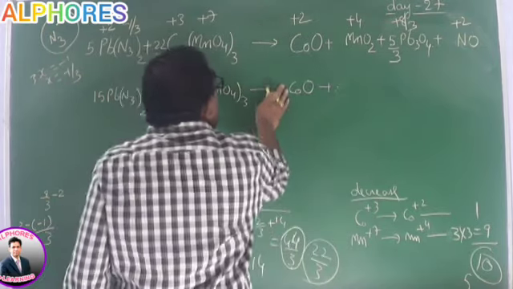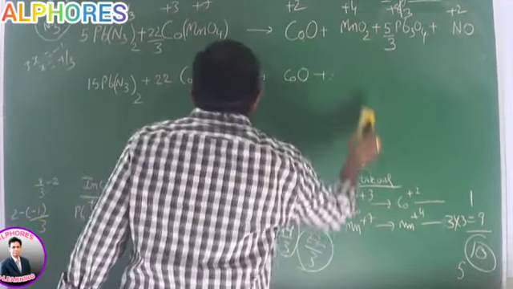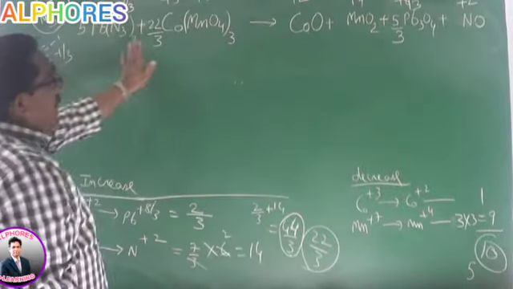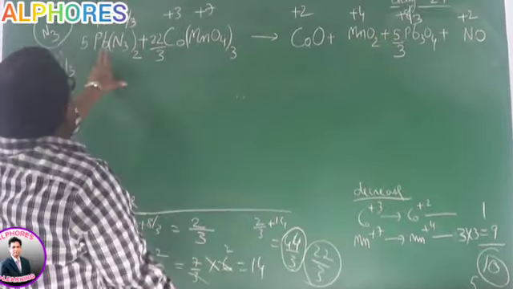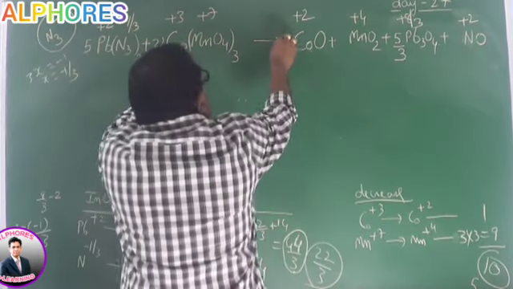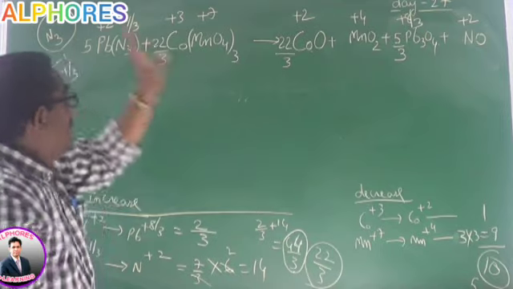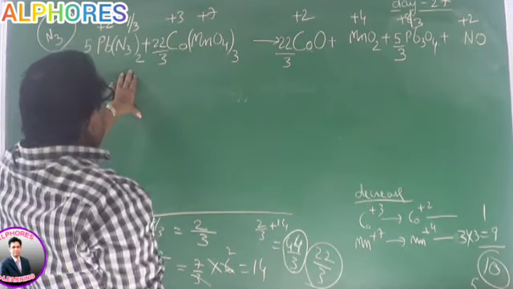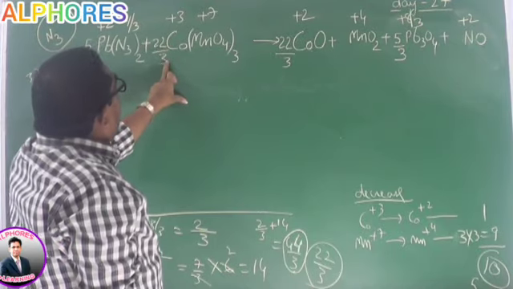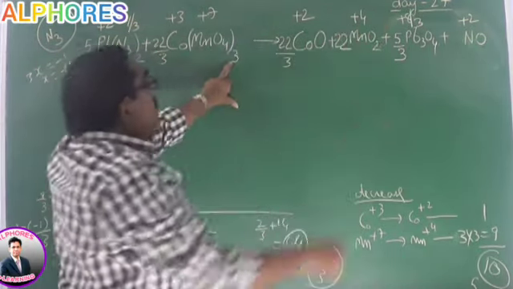Let me balance first of all with respect to coefficients, then I will come down. 22/3 CoO, here also write 22/3 CoO. Next, manganese is there, 22/3 into 3, you can write 22.